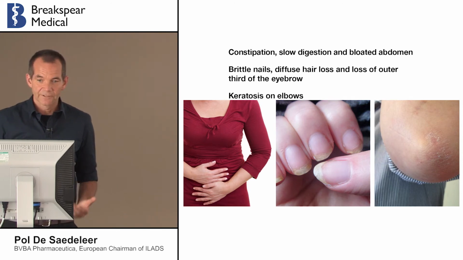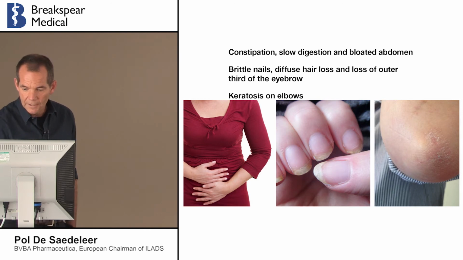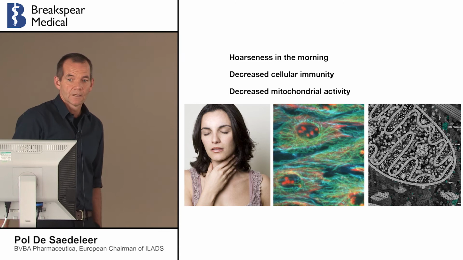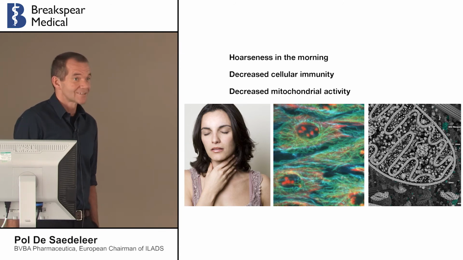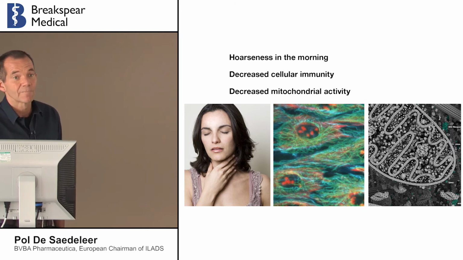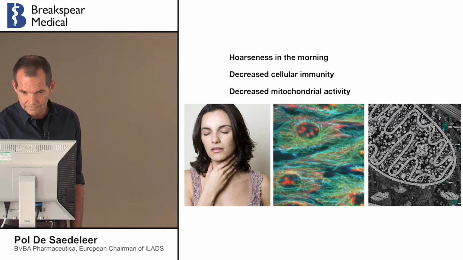But also brittle nails, hair loss and keratosis on elbows. Hoarseness in the morning, decreased cellular immunity, and also decreased mitochondrial activity with fatigue and cognitive impairment.